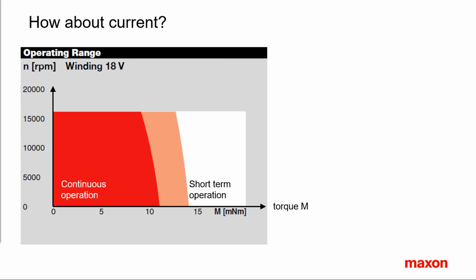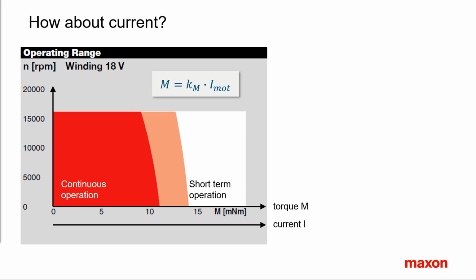How does current come into play? In reality, it's the motor current and not the torque that heats up the winding. However, torque and current are related, the relation being very simple. There is a strict proportionality between the two, with the torque constant Km as the proportionality factor. For a given motor, current and torque are equivalent.